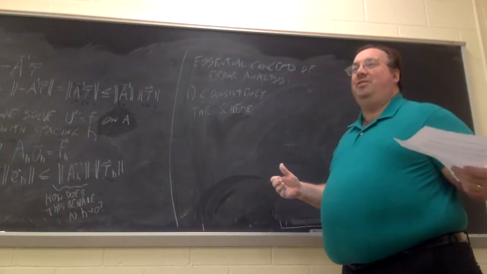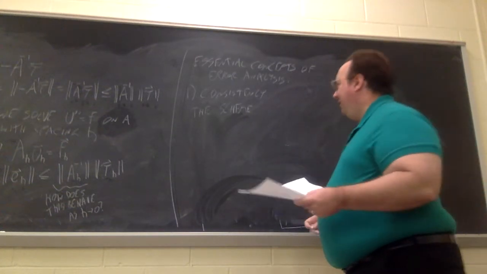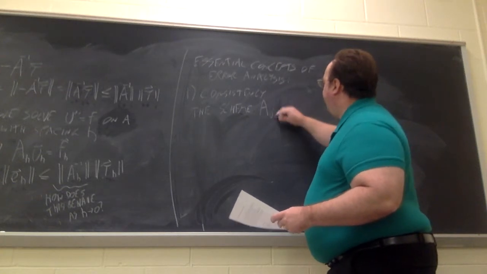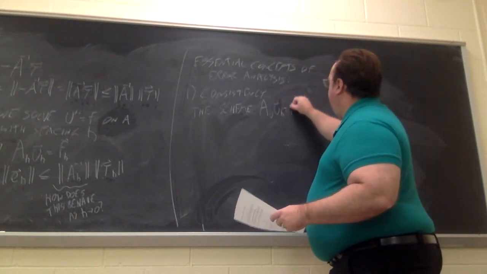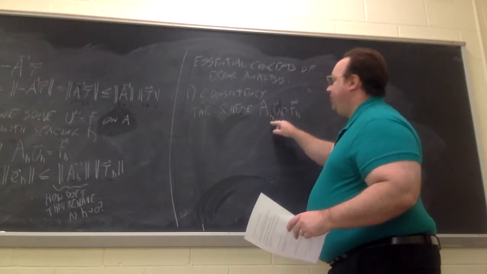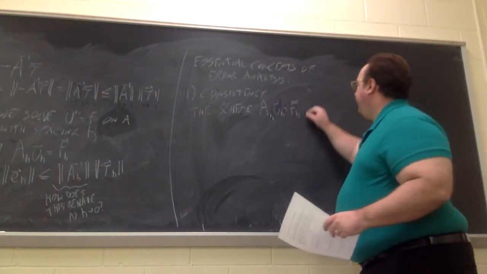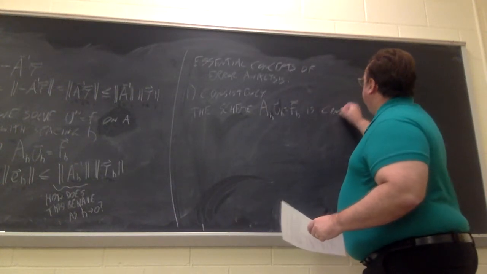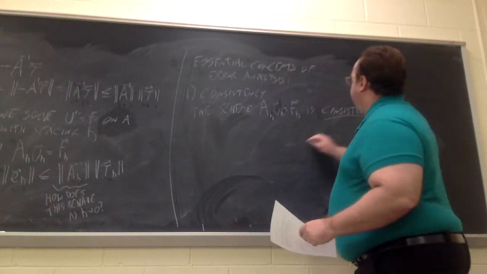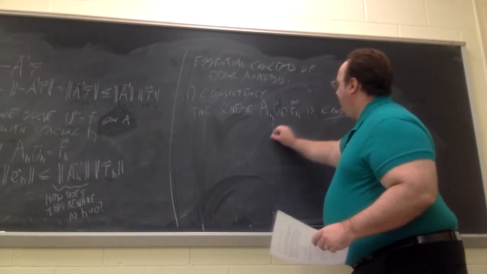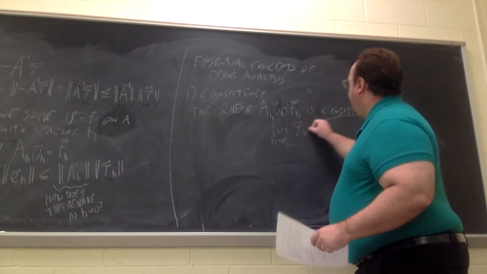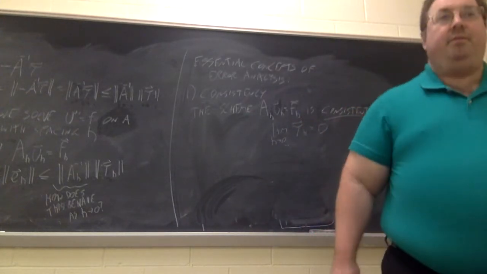So the scheme described by this system of equations, A_h U_h equals F_h, which depends on the spacing h, is consistent if the limit as h goes to 0 of the local truncation error is 0.